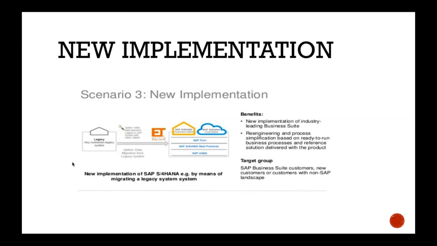So new customers or maybe already old customers, they want to perform everything from scratch. So they will treat this project as a new implementation project. Okay, so you are moving your legacy system to SAP S4 HANA system.